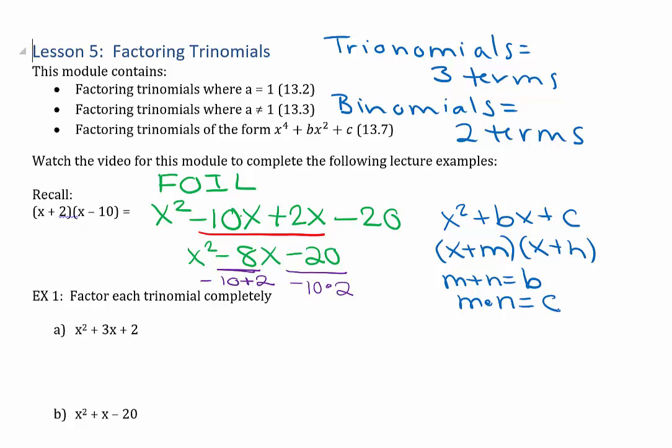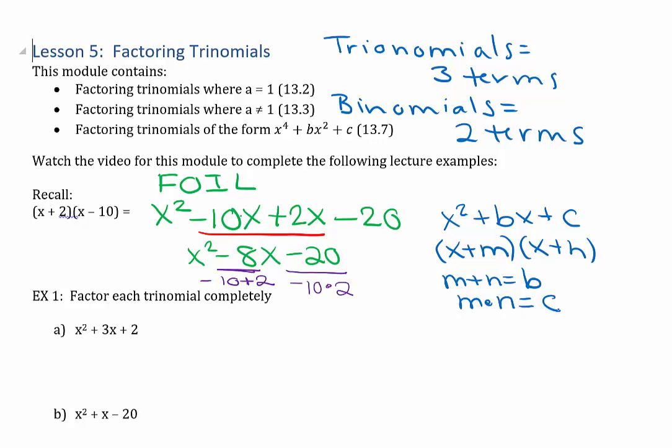And the numbers that are going to go inside those parentheses, what I've written as m and n, are always going to add up to the coefficient of the x and have a product that is equal to the constant. Let me just show you how this works with an example.